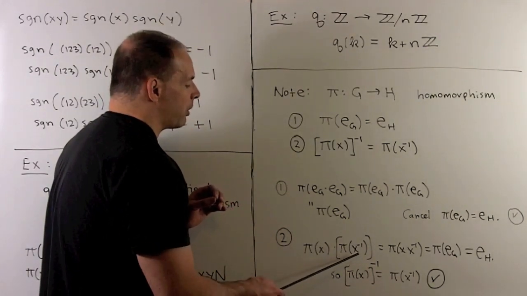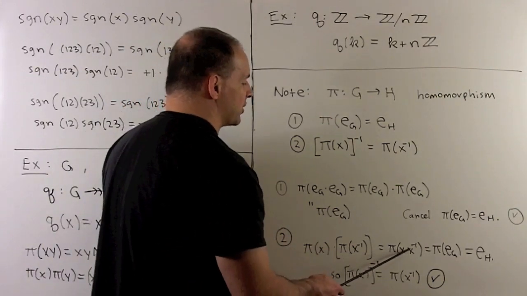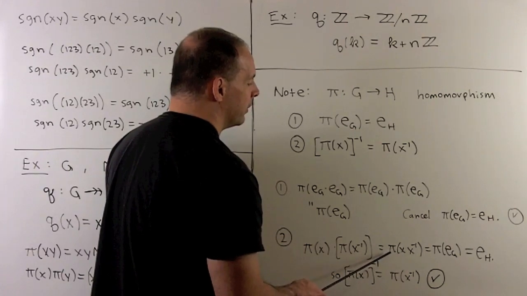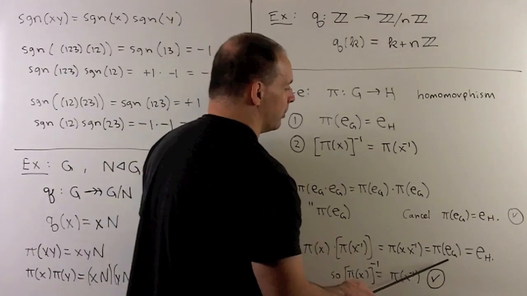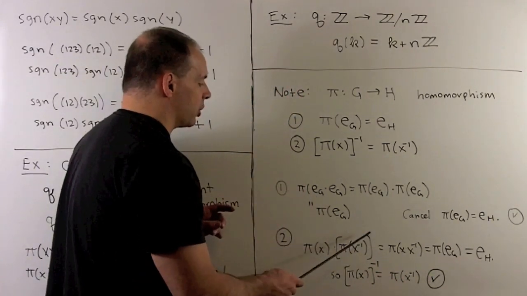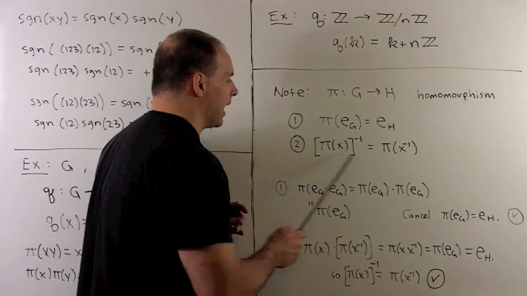By the homomorphism property, we can move things to the inside. So I have pi of x x inverse, which is e_G, and then we apply pi. By the first fact, this is just going to be e_H. So we found our candidate for the inverse. So the inverse of pi of x is pi of x inverse, again as promised.